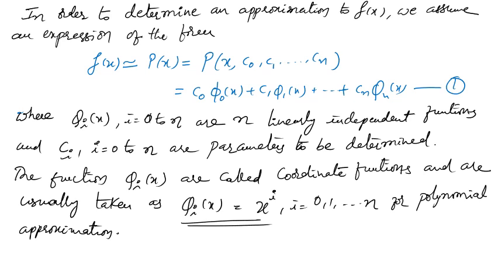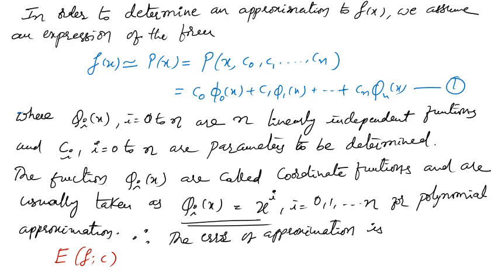Therefore, the error of approximation is, what is the error now? It is the modulus of f of x minus p of x. The notation is now E of the arbitrary constants C. What is the error? It is taken as f of x minus p of x, right? So that can be taken as a norm, which is nothing but one value.